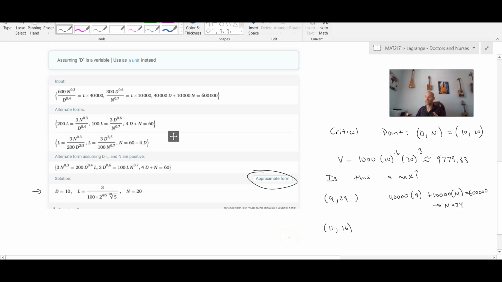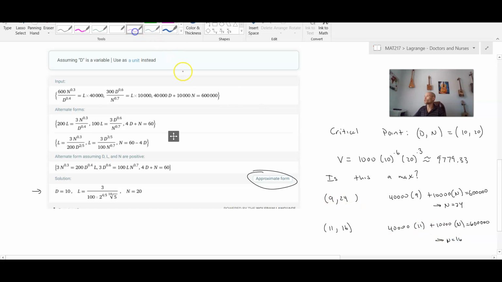So in order to keep the budget the same relative to our critical point, we would need to make sure that our number of nurses goes down by 4. You could also plug it in: 40,000 times 11 plus 10,000 times some number of nurses equals $600,000, and you would get n equals 16.